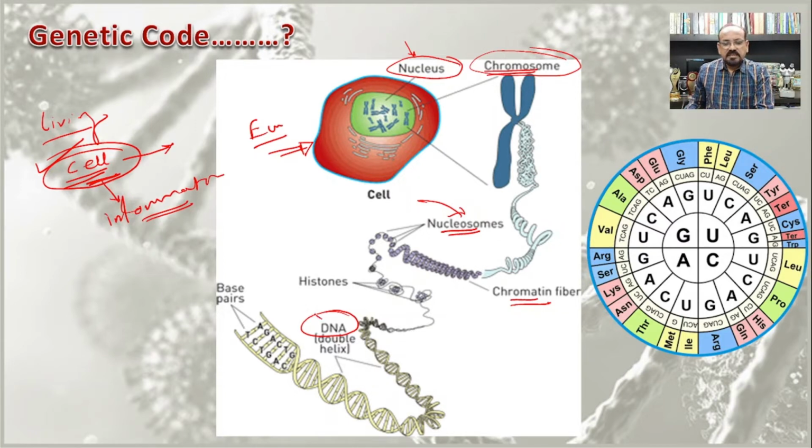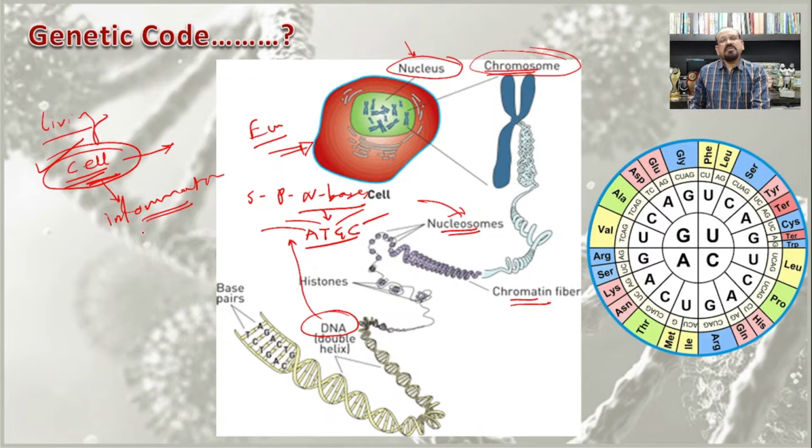This DNA is made up of sugar, phosphate and nitrogen bases, and the nitrogen bases present in the DNA are A, T, G, C, that is adenine, thymine, guanine and cytosine. These four different nitrogen bases are responsible for forming the complete information of the organism for its whole life.